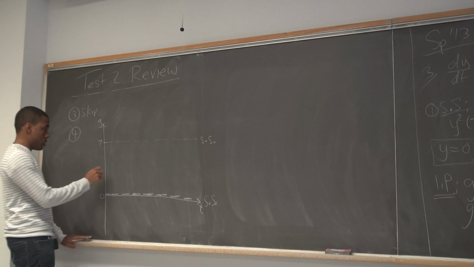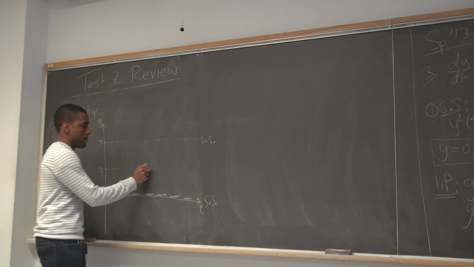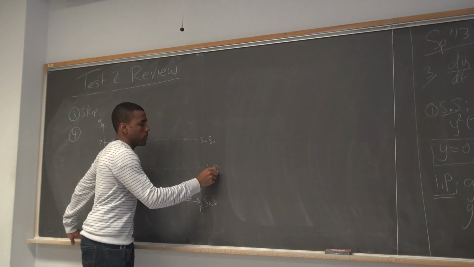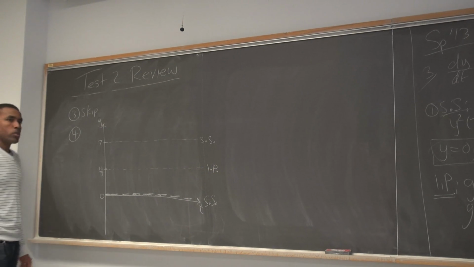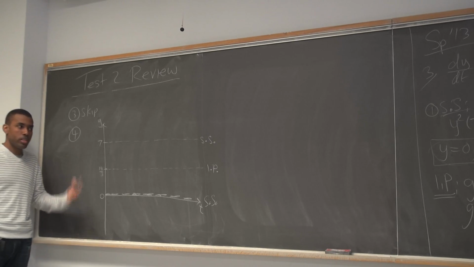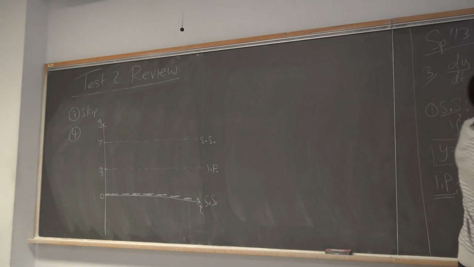Inflection point, 14 over 3, somewhere up there. 14 over 3 is roughly what? 4 point something, right? Because 15 over 3 is roughly 5, so you know it's 4 point something. You can plug it into your calculator too if you're not sure. So that sort of gives you some context for where these should be.